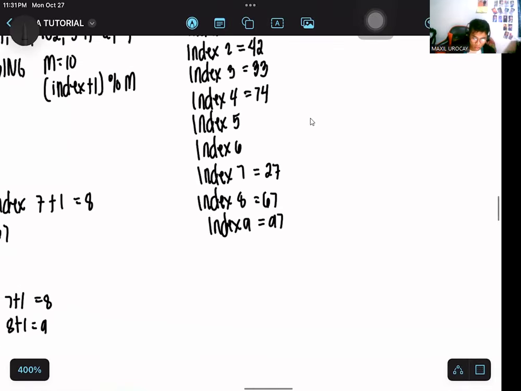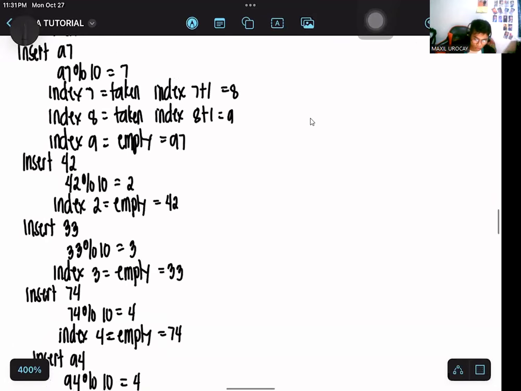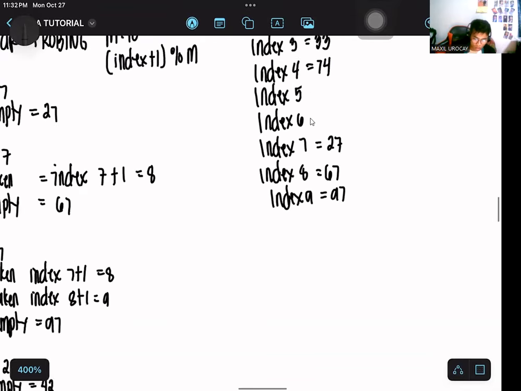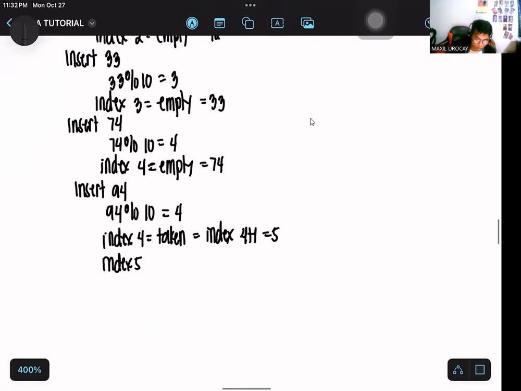If you check index number 4, there is 74. That is already taken. So what will happen is you go to index 4 plus 1 equals 5. Checking index number 5, that is empty, so allocate 94.